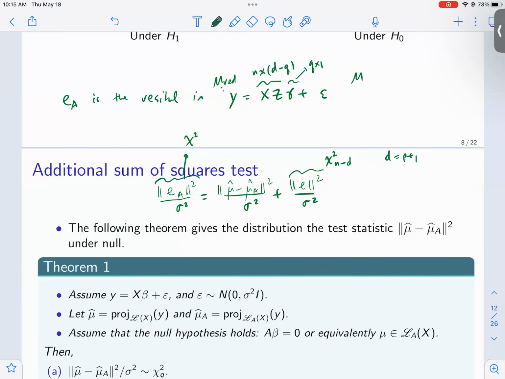How about the other one? It's n minus (d minus q), which I can also write as n minus d plus q, because that's the number of free parameters. This is true if it is full rank, and it is full rank if X is full rank and Z is also full rank, which is true if the constraints are linearly independent and so on.